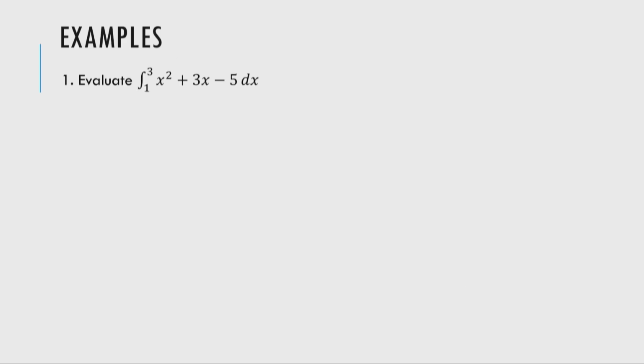Evaluate integration of x squared plus 3x minus 5 with respect to x between the limits 1 to 3. Which is equal to, first we are going to integrate the function to obtain x to the power of 3 over 3 plus 3x to the power of 2 over 2 minus 5x between the limits 1 and 3.